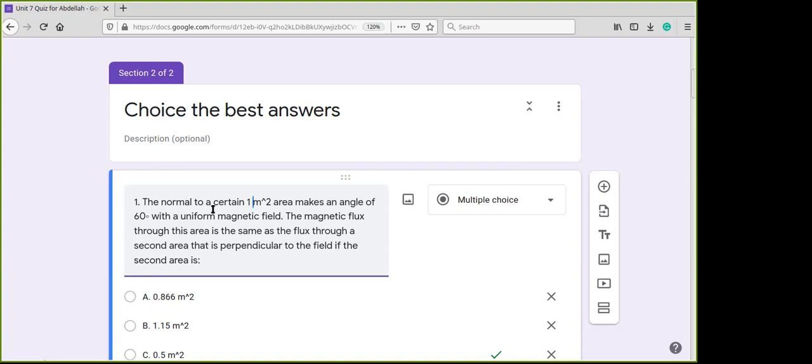The magnetic flux through this area is the same as the flux through the second area that is perpendicular to the field. Is the normal line perpendicular to the field, or is the area perpendicular to the field?